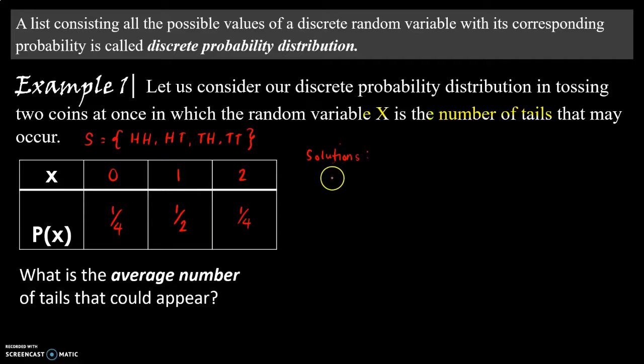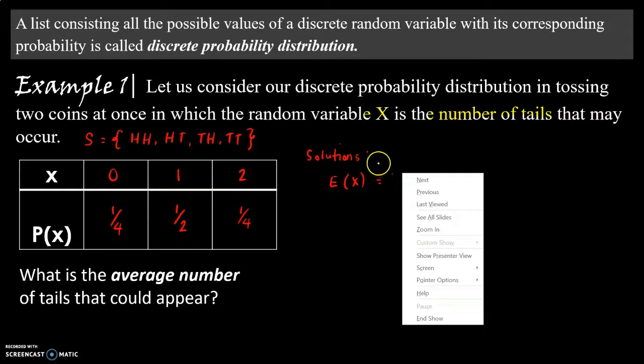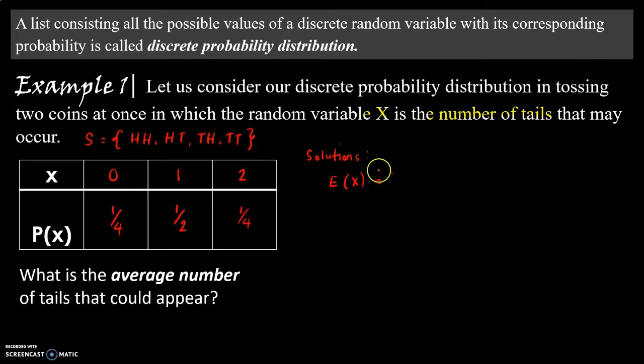Now the expected value of the random variable x is given by the summation of x times the probability of x.